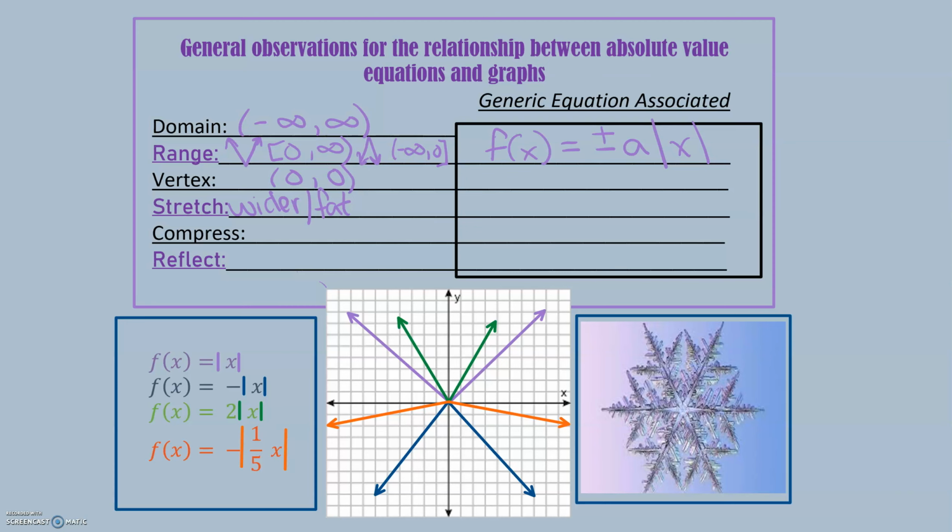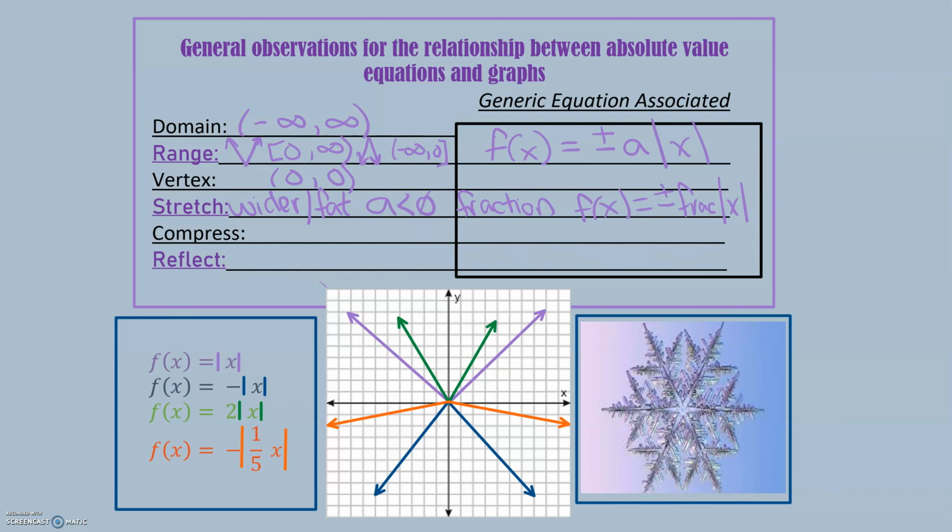So when a was anything less than 1, so it's a fraction, that generic would be f of x equals plus or minus a fraction times the absolute value of x. Okay, that's that generic. A fraction makes it fat.